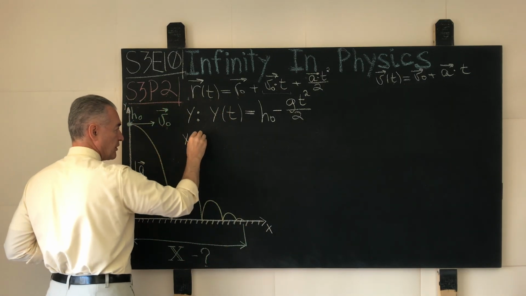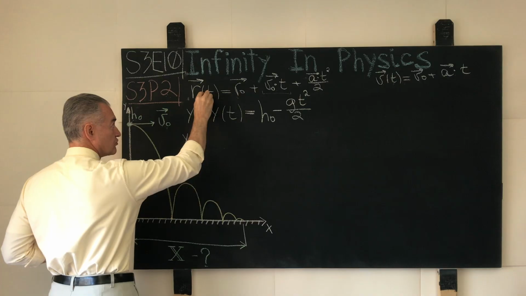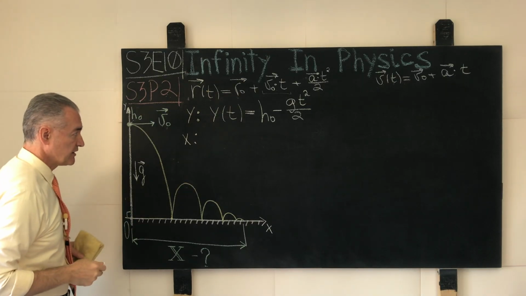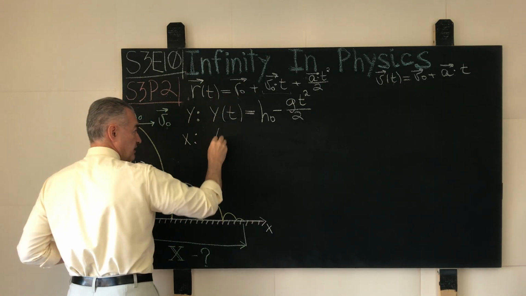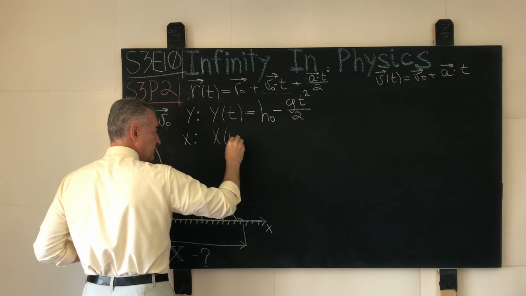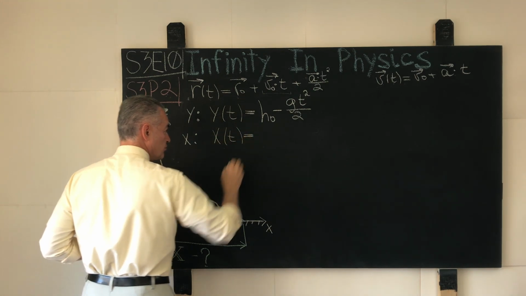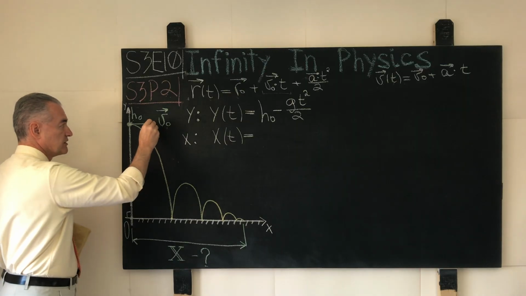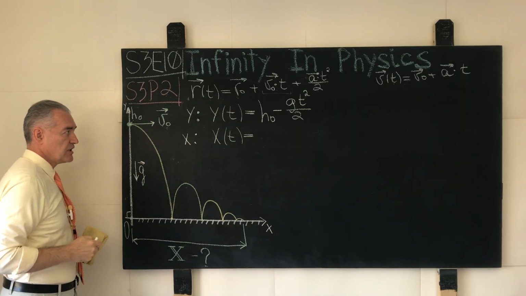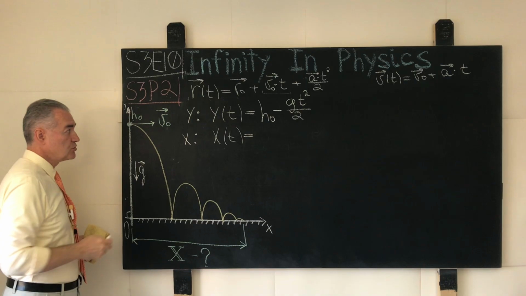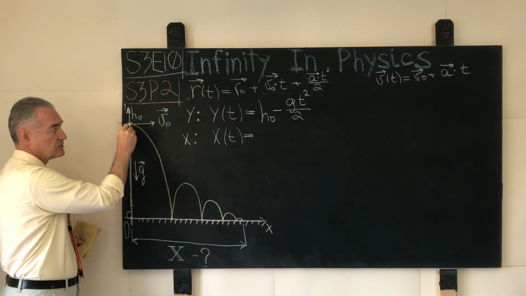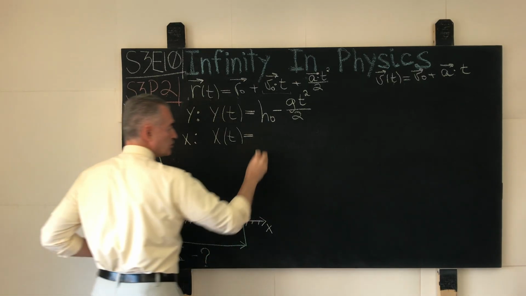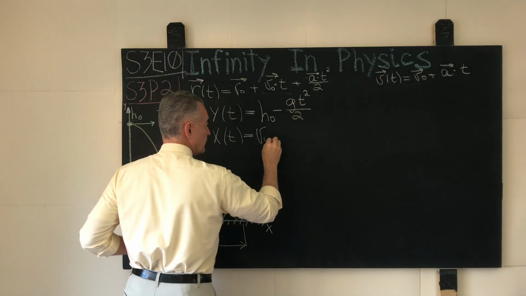What is the corresponding projection of our equation of motion for the radius vector on the x-axis? Well, the horizontal coordinate changes with time. Which way? We're told that the motion along the x-axis is only due to this initial velocity. So this will be v0.